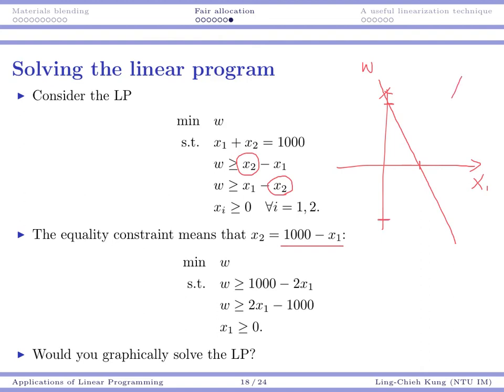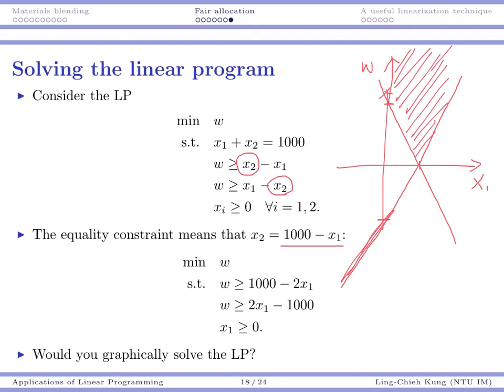So maybe here. Now in either case, I am saying that w must be at least that amount. So your w would be here. This is your feasible region. And don't forget that x1 must be non-negative.